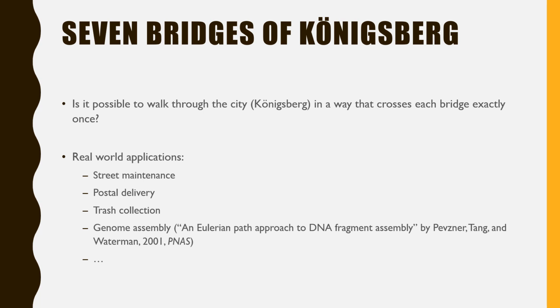For instance, it plays a key role in route scheduling tasks such as street maintenance, postal delivery, and trash collection, where covering every route efficiently is essential. Beyond logistics, it also has important applications in bioinformatics, particularly in genome assembly. You can find the relevant reference in this slide.